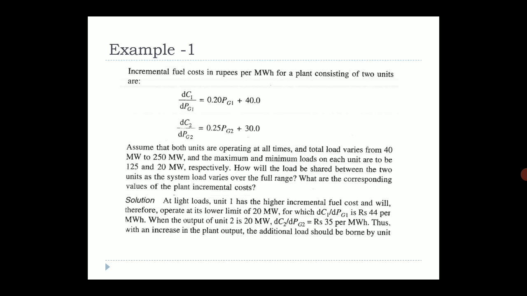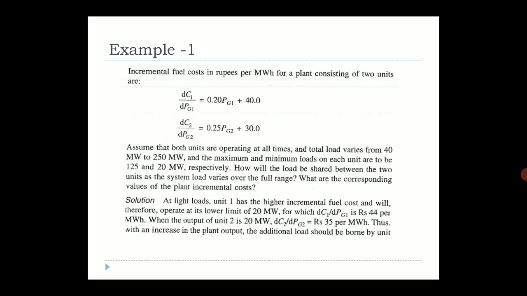The maximum and minimum load of each unit are 125 and 20. That means each unit can produce a maximum of 125 and a minimum of 20. You cannot go outside this zone, so the generation should be between 20 and 125 respectively.